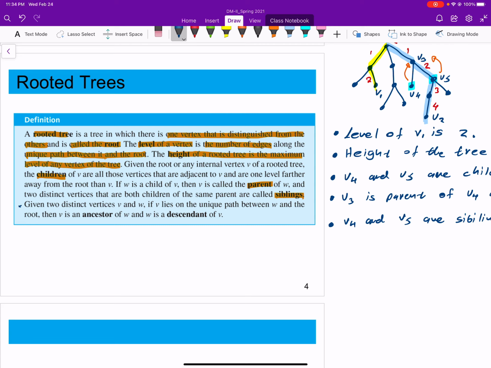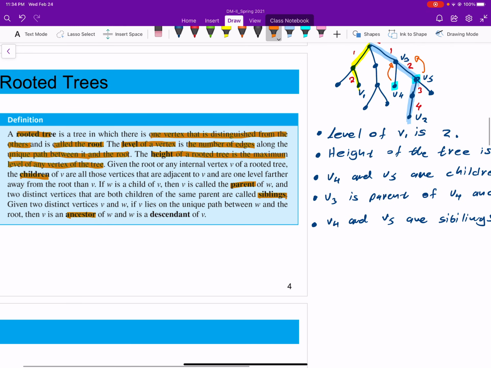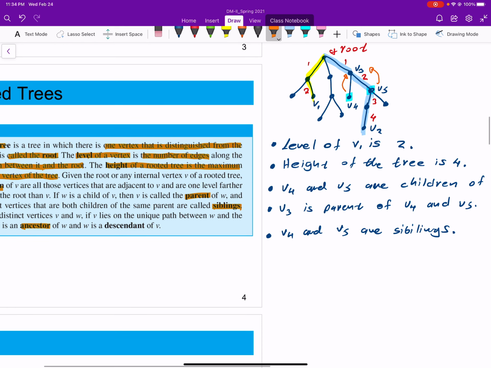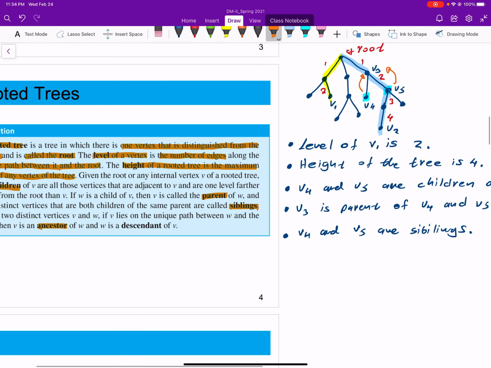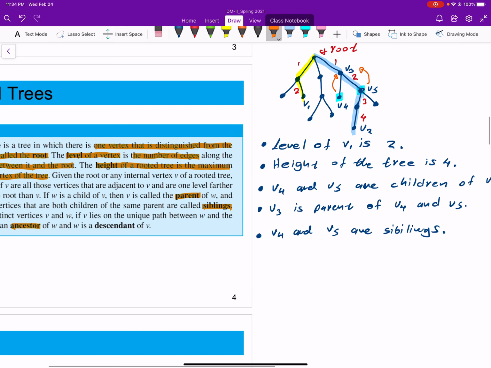Then given two distinct vertices V and W, if V lies on the unique path between W and the root, then V is an ancestor of W. That means, let me check which ancestors. If you consider these two, V3 and V2, V3 is an ancestor of V2.